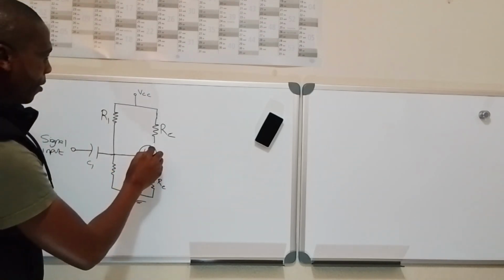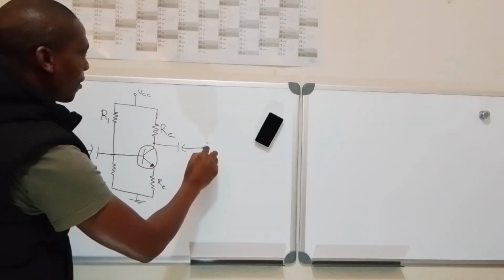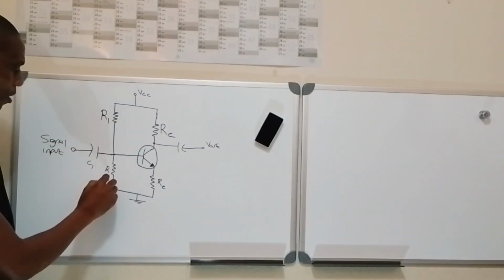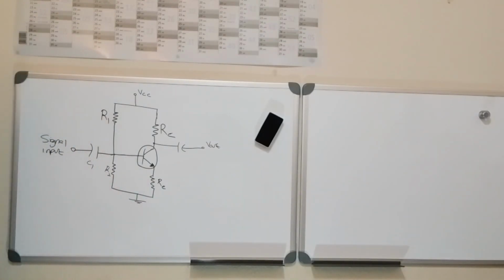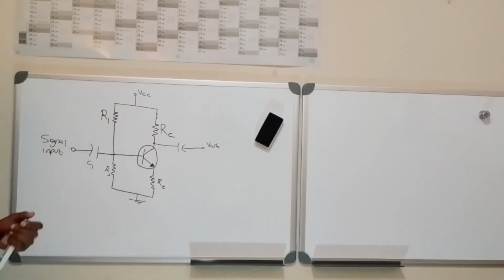Go through C1, and then our output will be connected here. V out. Now this will be our R2. This is the voltage divider bias, also known as self bias.